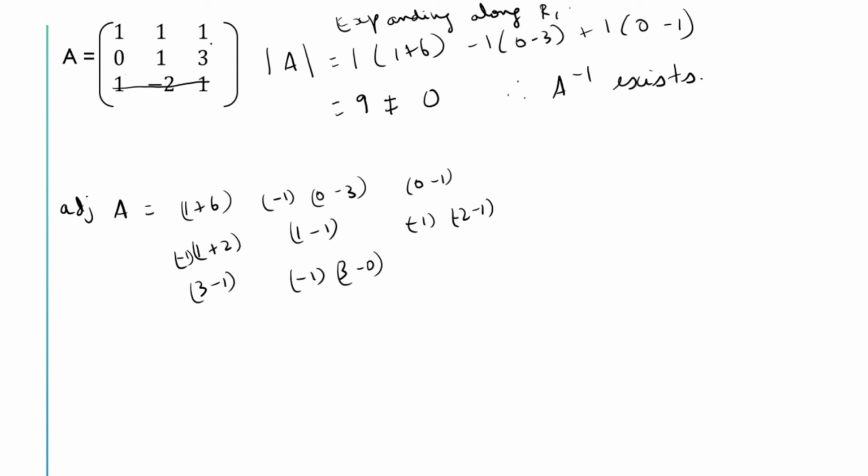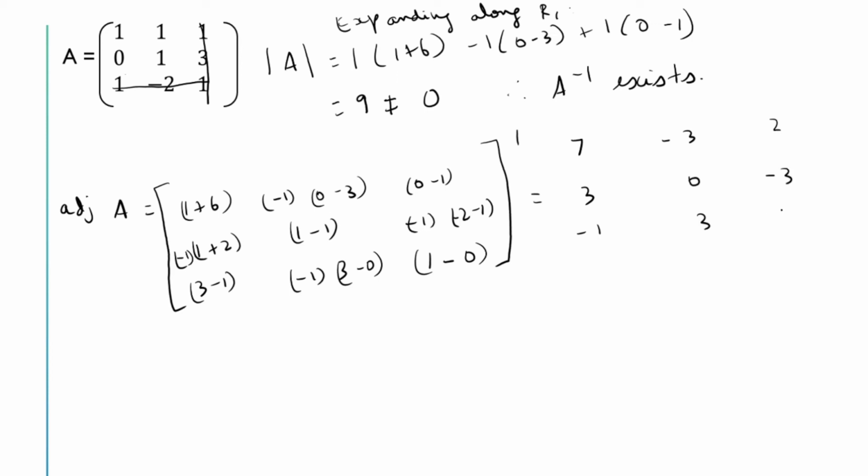Then third row, third column, so this is 1 minus 0, the whole transpose. So this is equal to, here the first row becomes the first column: 7, 3, minus 1, then minus 3, 0, 3, then 2, minus 3, 1. So this is the adjoint of A.